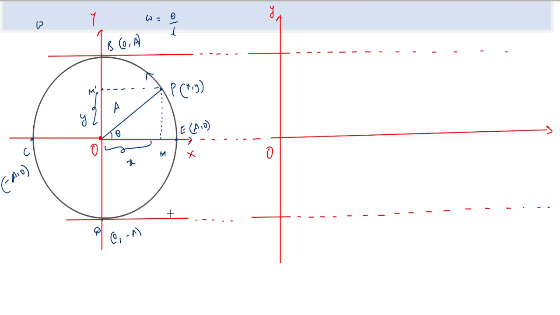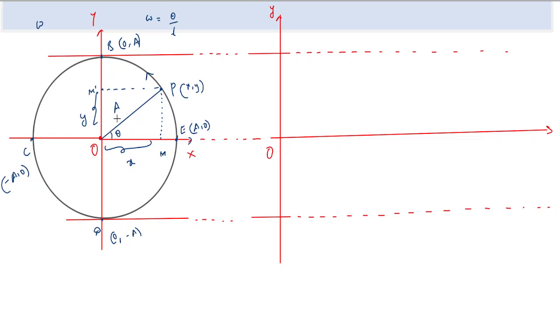Let's look at the y coordinate alone. When the particle is at point E, the value of y would be 0. As the particle is moving from point E towards point B, y is increasing. So if we look at the y projection, that is, the distance on the y-axis, it will increase.